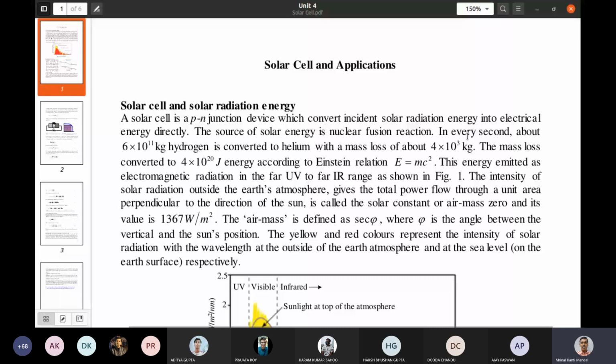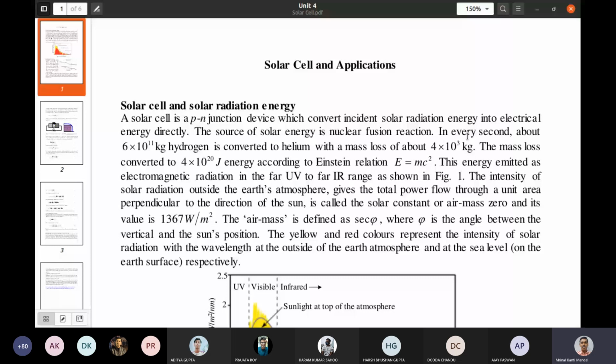A solar cell is basically a PN junction device which converts incident solar radiation into electrical energy. When it is illuminated by sunlight, electron hole pair creation takes place in the junction region, and they are separated by the electric field at the junction and carry current.